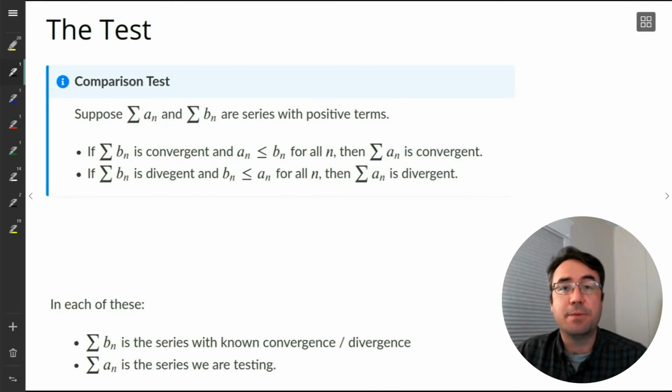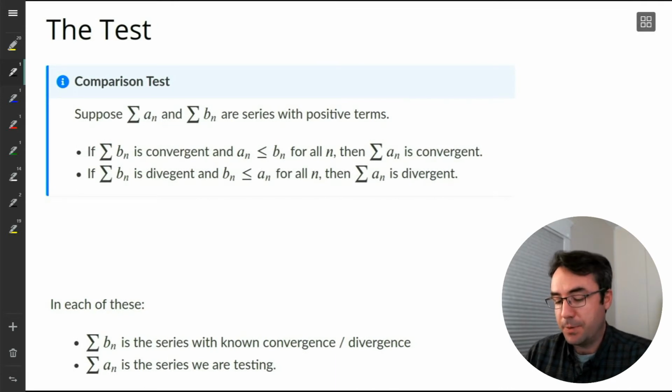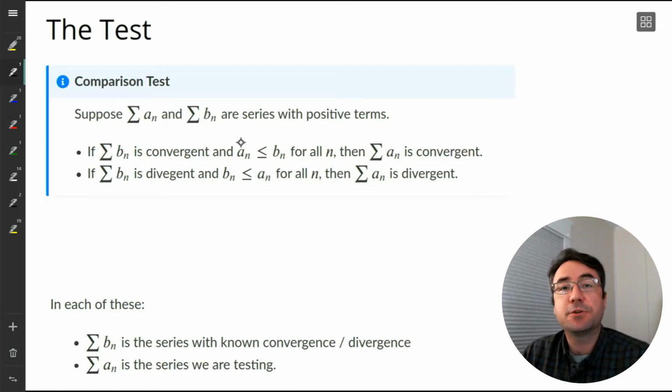All right, so we have our test, the comparison test. Suppose we have a series sigma an and another series sigma bn, and these are two series with positive terms, so all of the terms are greater than 0.